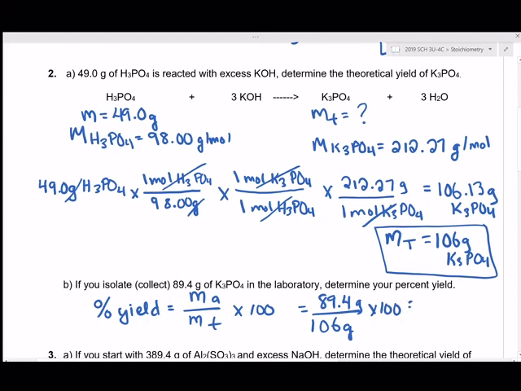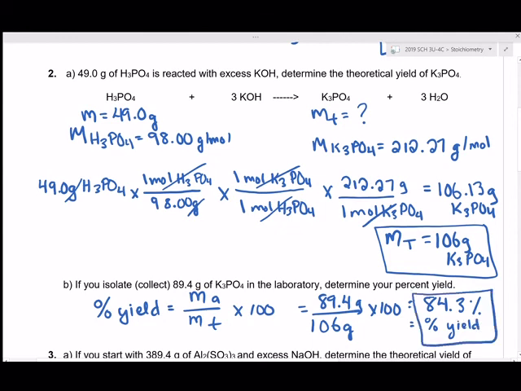And that is going to give us 84.3%. And that is your percent yield.